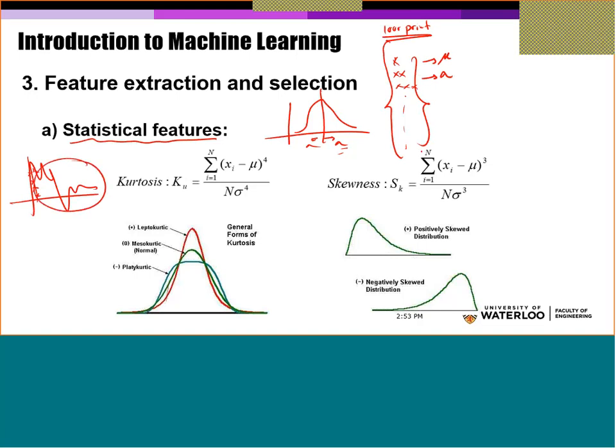I can extract from these 1,000 points the mean, the standard deviation, the kurtosis, which is just a number that represents how narrow or wide my distribution is, and maybe the skewness, which tells whether the data is skewed to the left, skewed to the right, or not skewed at all.